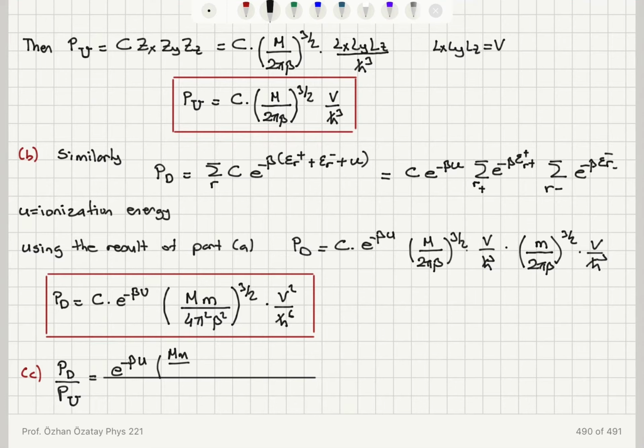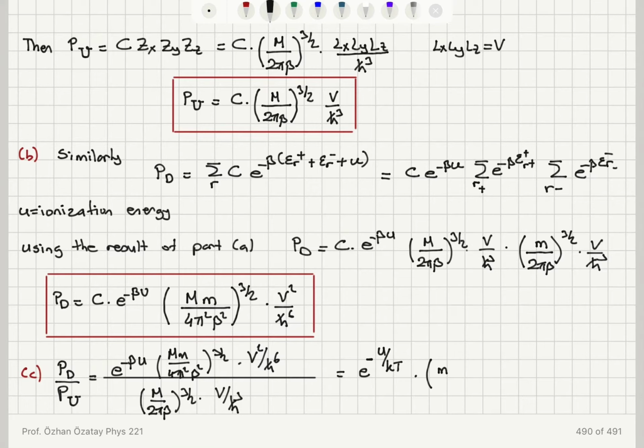Capital M times lowercase m divided by 4 pi squared beta squared to the power 3 halves, v squared over h bar to the 6, and then here I have capital M over 2 pi beta to the 3 halves, v over h bar cubed. So this will give me, first of all, e to the minus, let's also substitute for beta 1 over kT, u over kT, and then the capital M term will be cancelling completely.